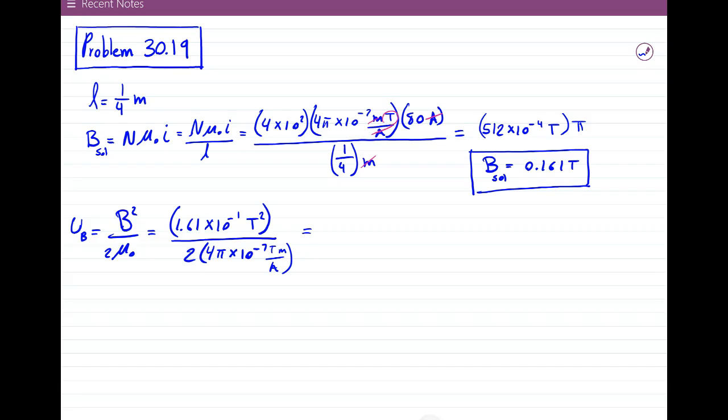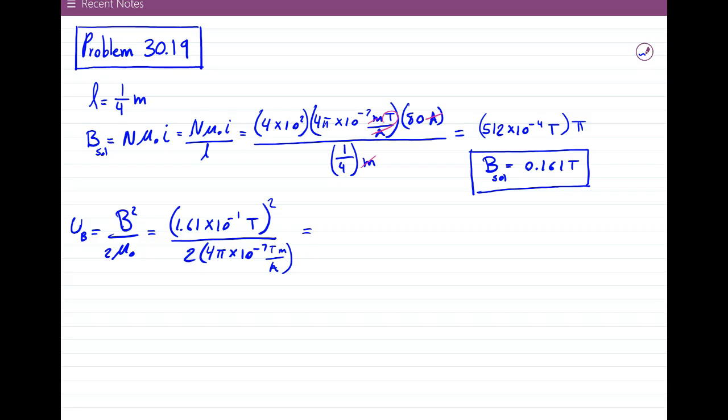That top number is squared. Units do work, you do get joules per cubic meter.